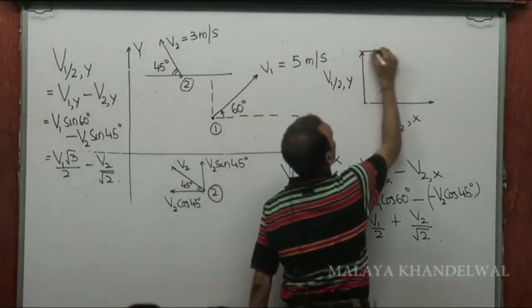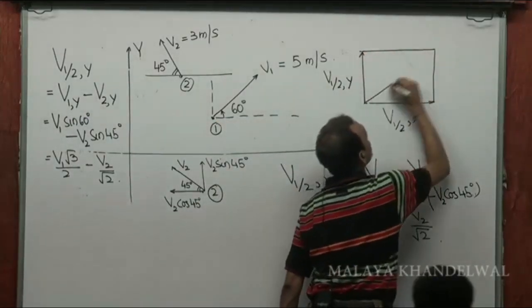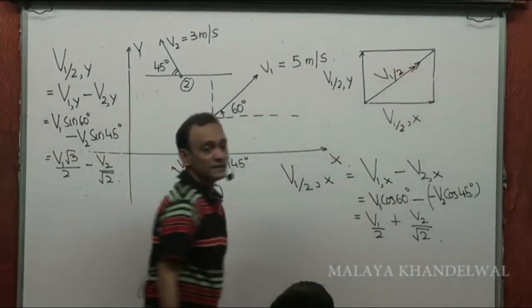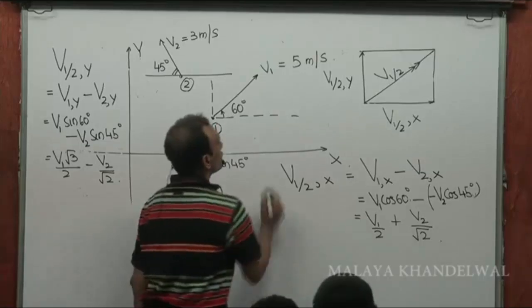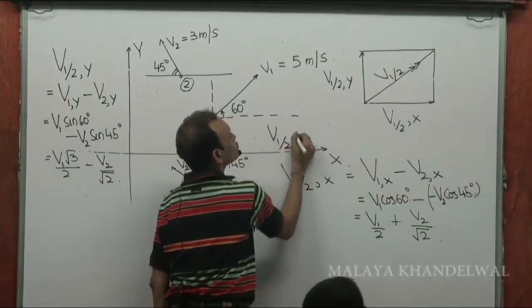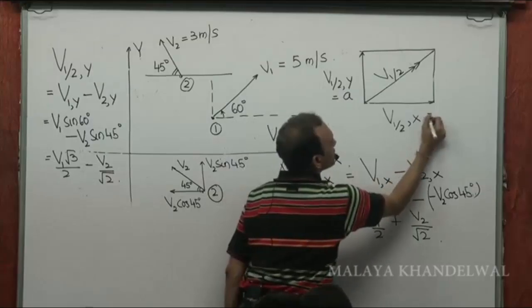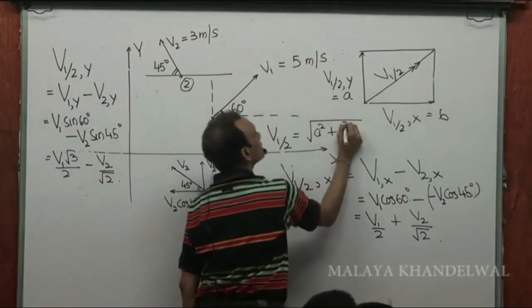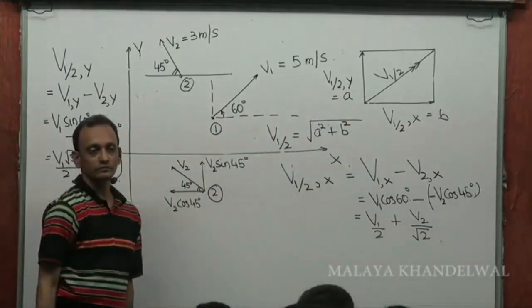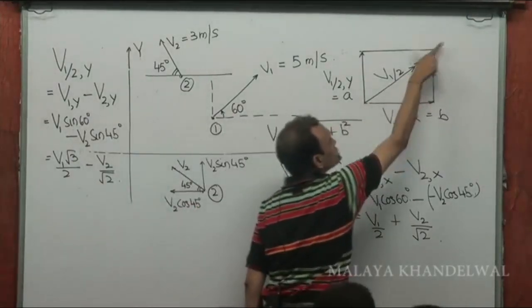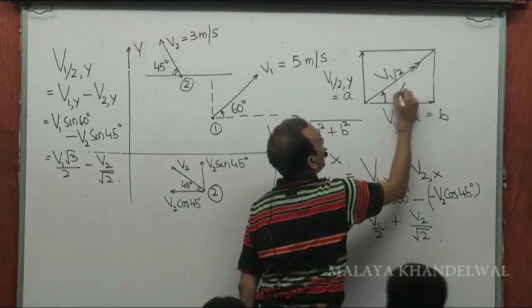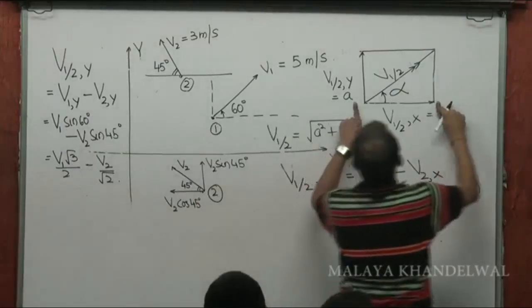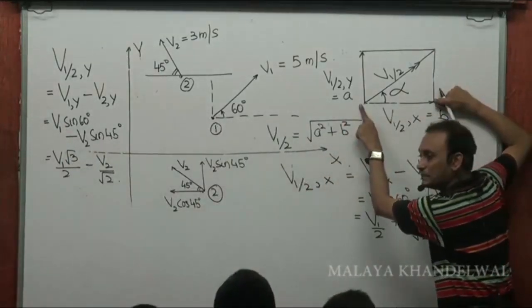Then the net velocity of 1 with respect to 2 is going to be given by the diagonal of this rectangle. Suppose this length is a units, this length is b units, that's going to be given by root a square plus b square. And this relative velocity of 1 with respect to 2 will make an angle alpha with the positive direction of the x-axis. How do you find this alpha? Tan alpha would be this length a divided by this length b.